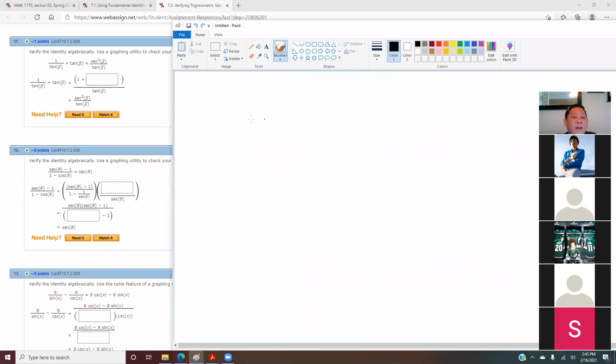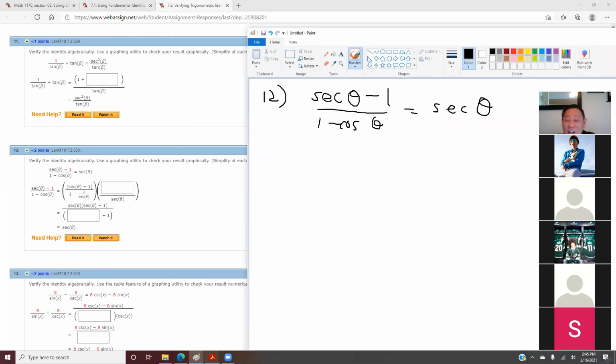Okay. So I guess my only question is how do you decide what piece you start with? The one that you mean the left or the right? No, I mean like if it's like the sine tangent, which one do you work with? It's up to you. This is something that I cannot teach you.